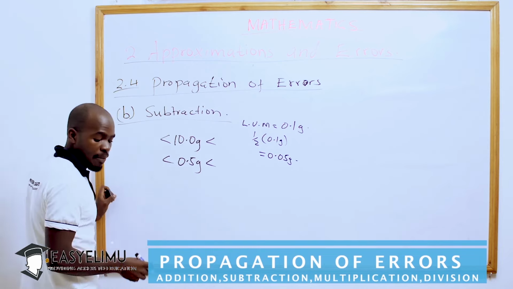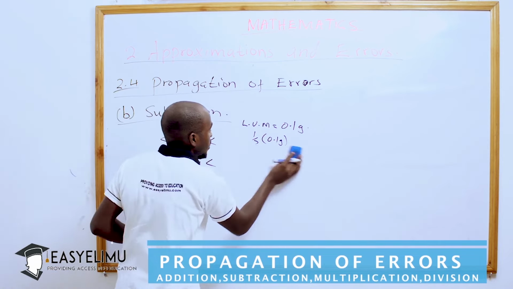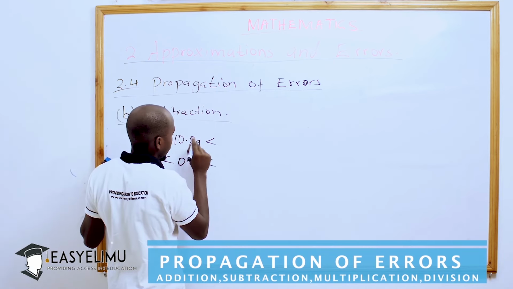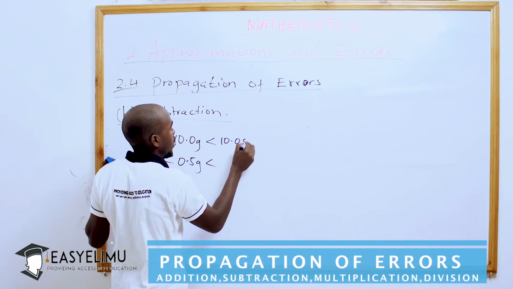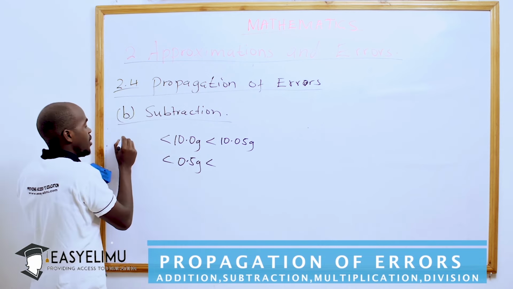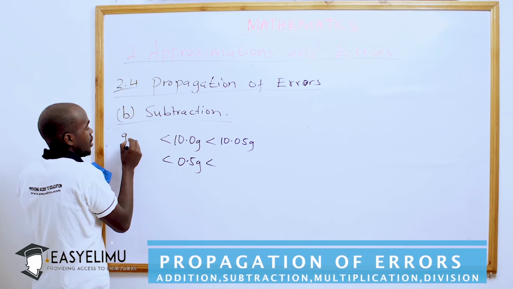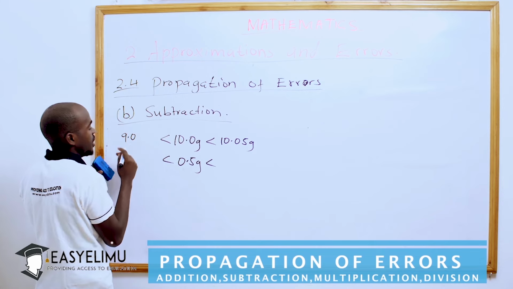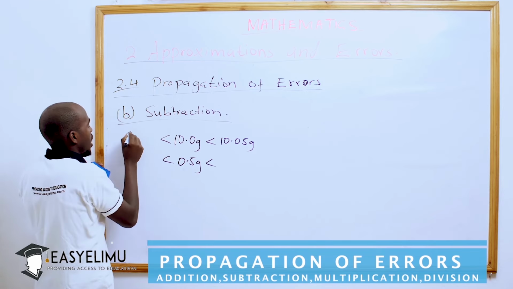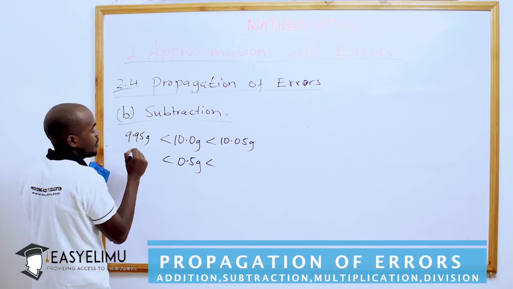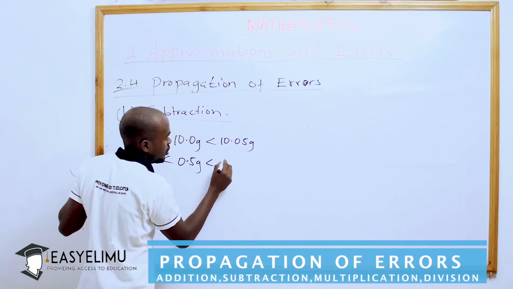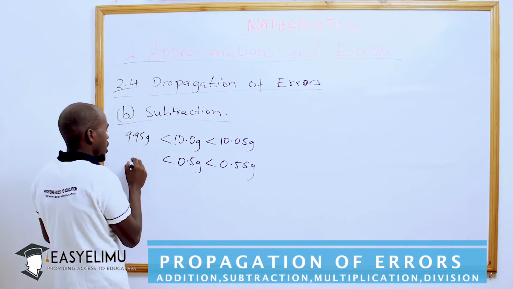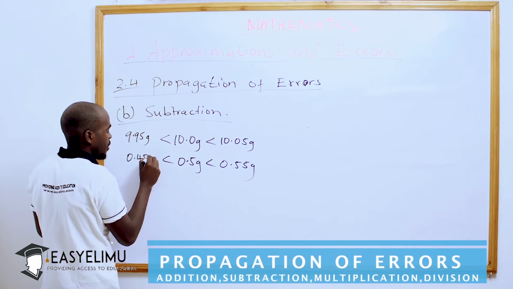So if we find the upper limit, it is going to become 10.05 grams, and the lower limit is going to become 9.95 grams. And here will be 0.55 grams, and here will be 0.45 grams.